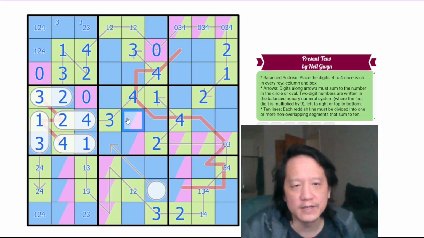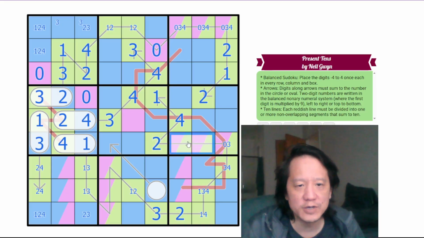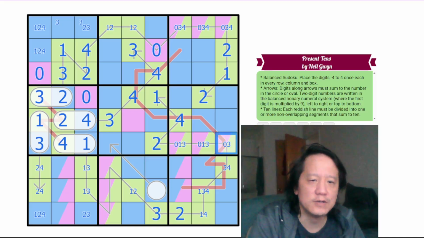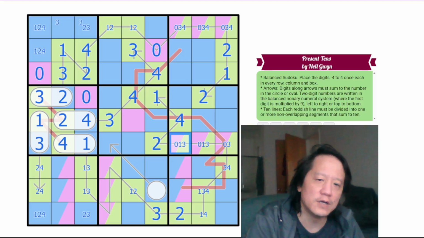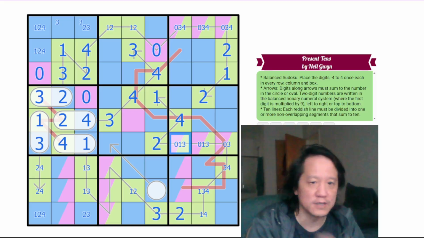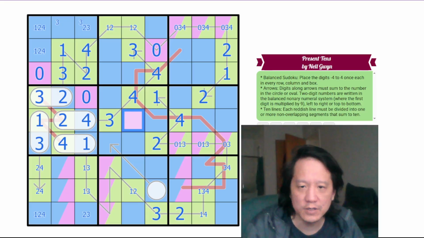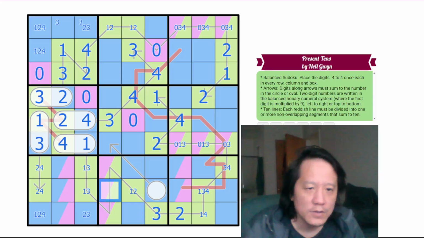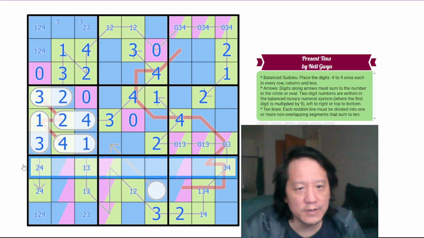We have 4 negatives already, so this can't be negative. This is 0, which means this can't be 0 here. So this must be a 0, 1, 3 triplet in row 6. This is 0 here. In row 7, we only have 3 positives, so this cannot be 0.